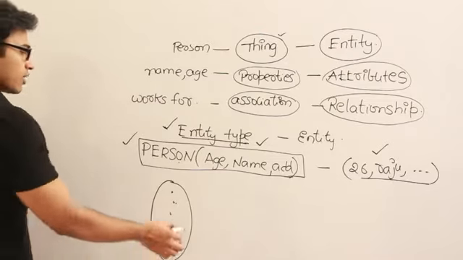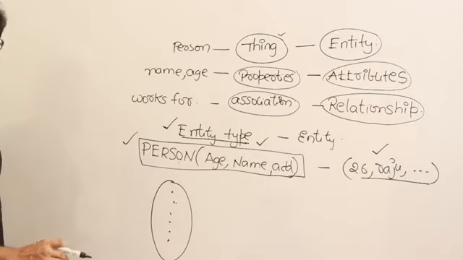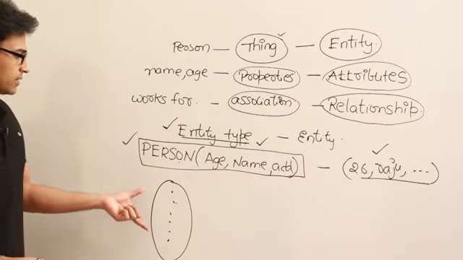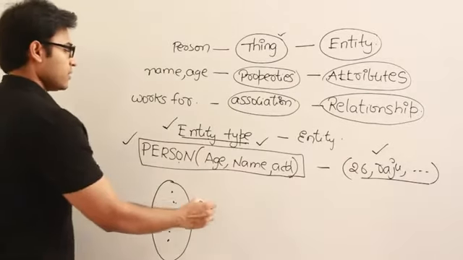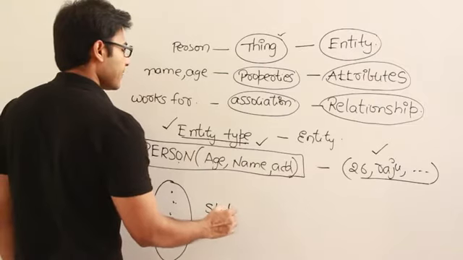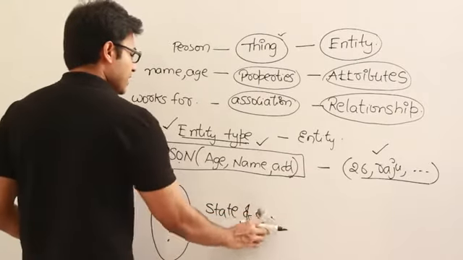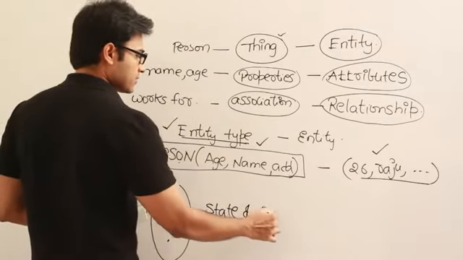Therefore entities may get added or deleted, and at any time all the elements in any entity type are called the state of the entity. If I put all of them together, it is the state of the database.